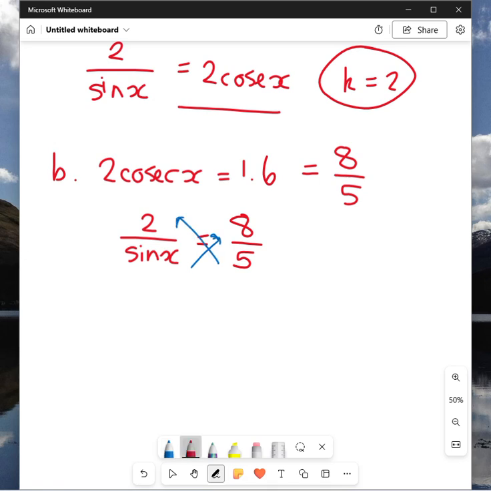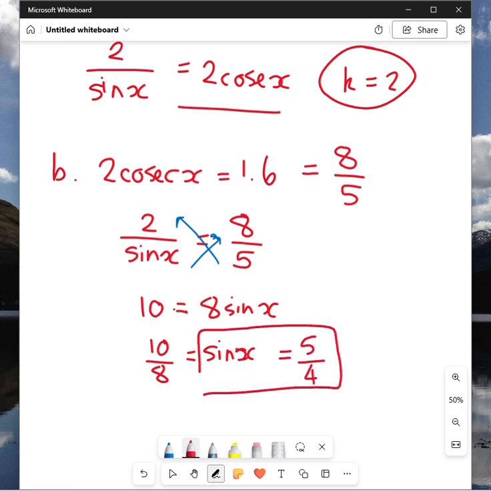That gets me 10 is equal to 8 sin x. Therefore 10 over 8 is equal to sin x, which is the same thing as 5/4.